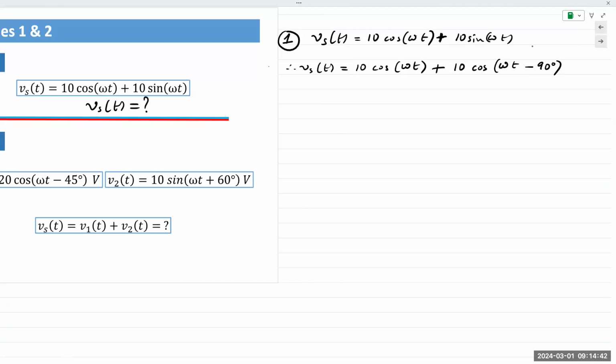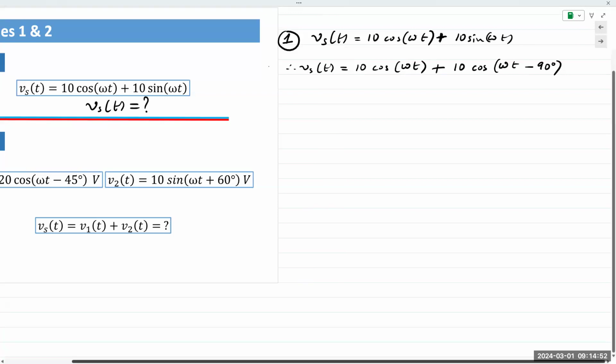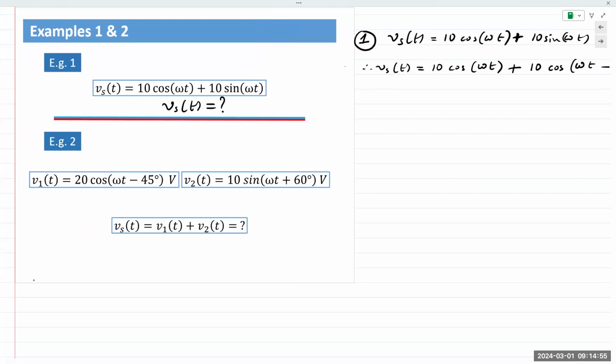Actually, even before that, there's one more point we need to take into account. In order to add or subtract sinusoidal waveforms, the frequencies must be the same. You cannot perform addition or subtraction of 2 or more signals if their frequencies are not the same.